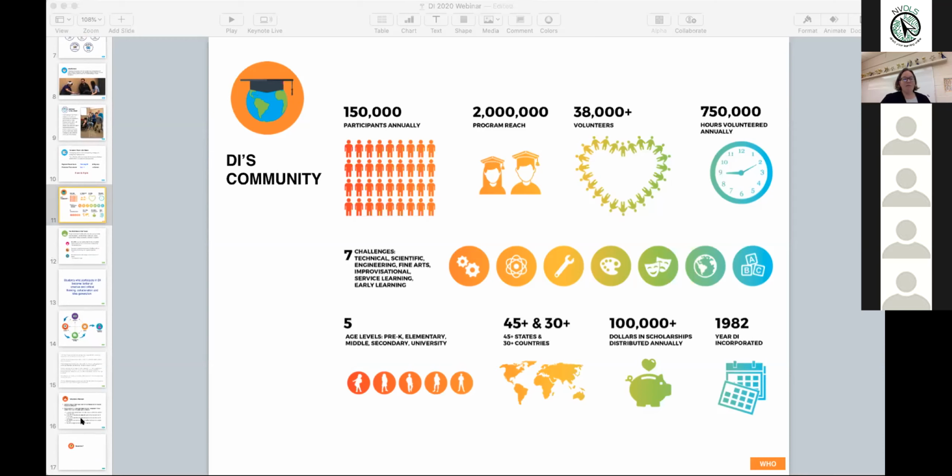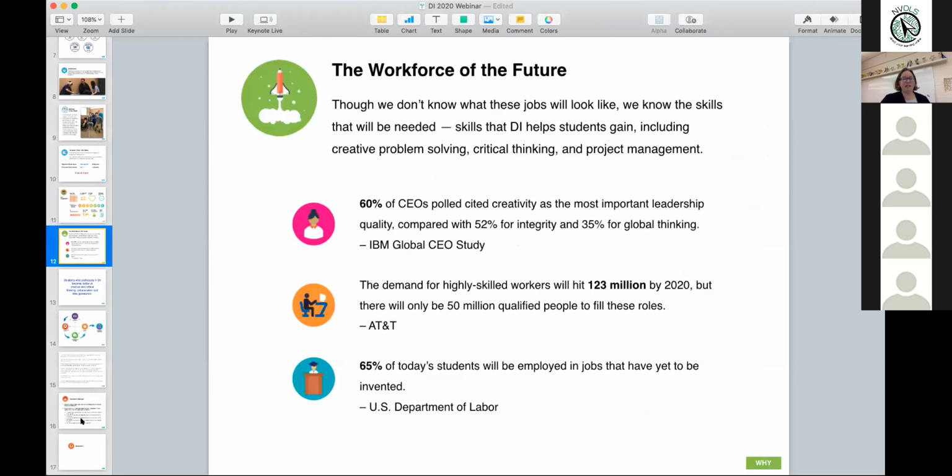And the why for Destination Imagination comes down to that idea of the workforce, right? This was what attracted us to Destination Imagination in the first place. Some of the concepts that Brian and I always thought about when we started the performance learning program is about the skills we wanted students to gain that are beyond just the regular everyday things students learn in school. The problem solving, the critical thinking, the project management. And you can see some quotes there from some of the companies that actually do support Destination Imagination.